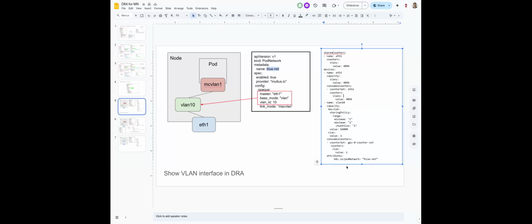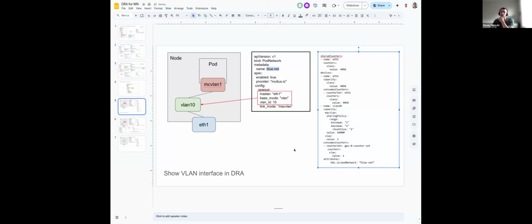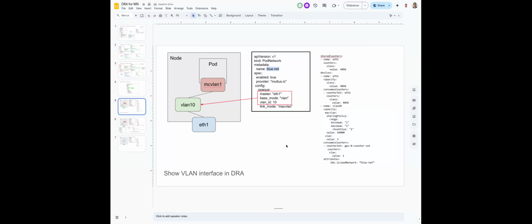Yes, the counters might need some kind of policy mode, but this must be included in the partitionable cap, I guess. What I discussed this morning was about this consumable capacity. So it's for the virtual devices, this sharing policy, but maybe the same thing would be needed for partitionable devices.